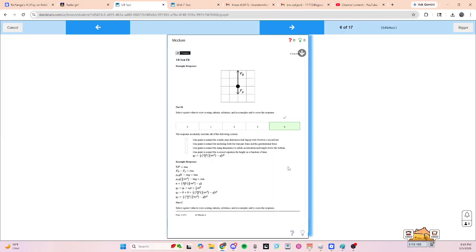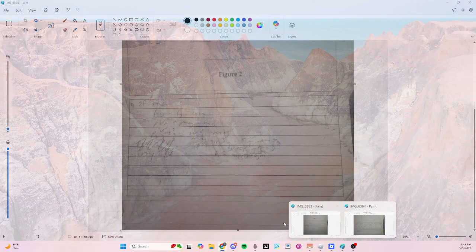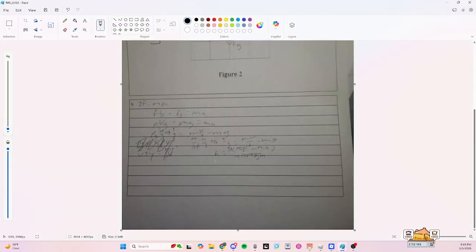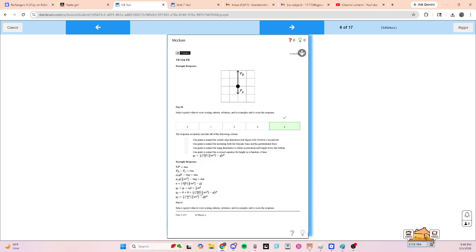I can't zoom in. So what they got is y equals that, and then I got h, well, the height. So it's the same thing, equals that. I don't even know what I did here.